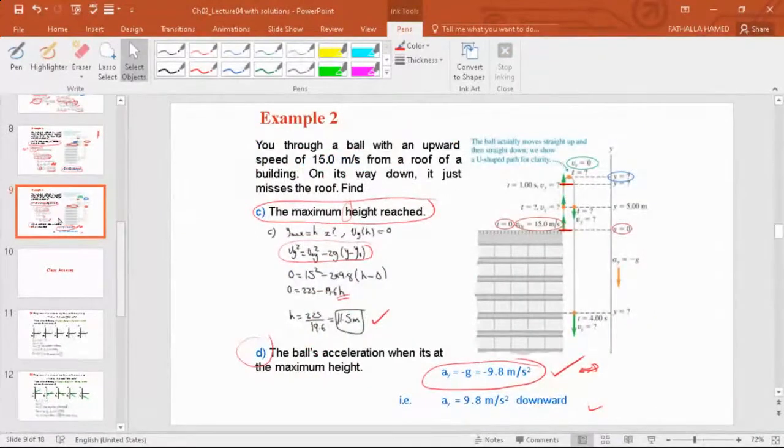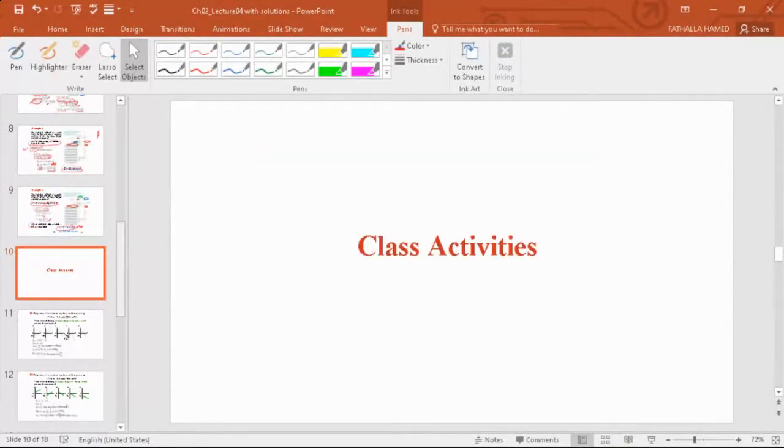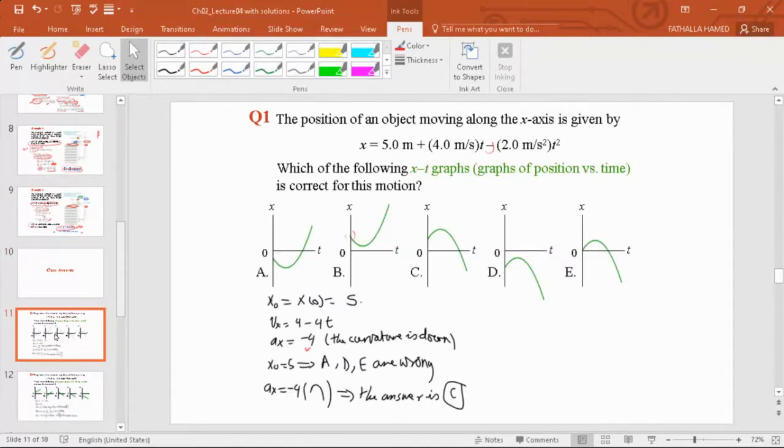All right then. Let's deal with some questions here. The first question: the position of an object moving along the x-axis is given by this equation, where x is equal to 5 meters plus 4 meters per second times t minus 2 meters per second squared times t squared.